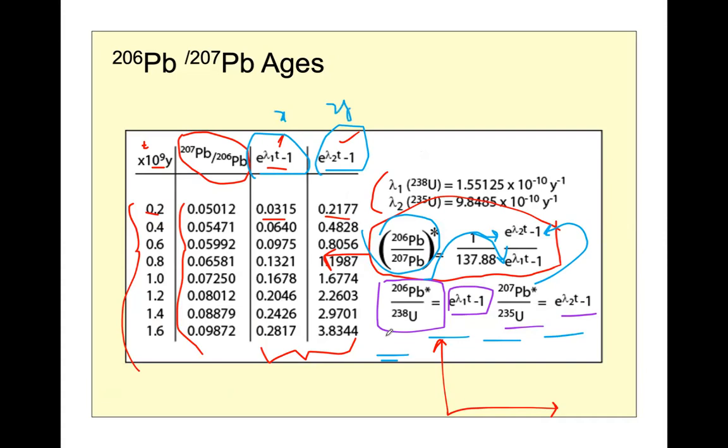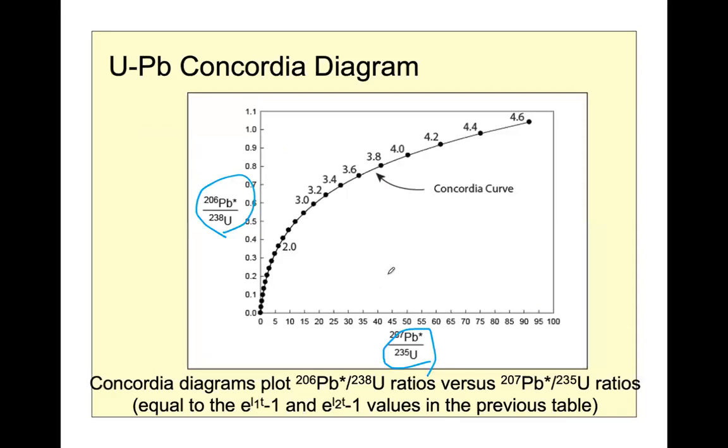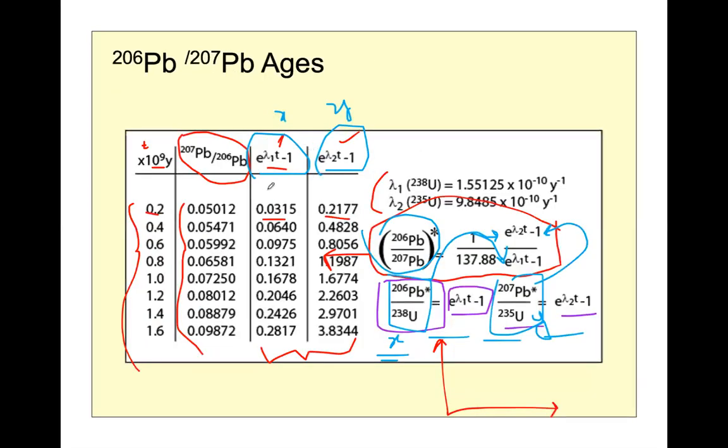So instead of x and y, you can just replace those x and y by these two terms. That is what we have done here, right? So this is x and this is y. So you have the table now already. You have all these values starting from 0.2 giga-years to 1.6.